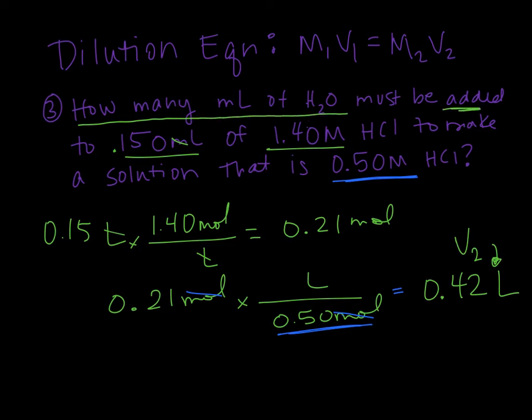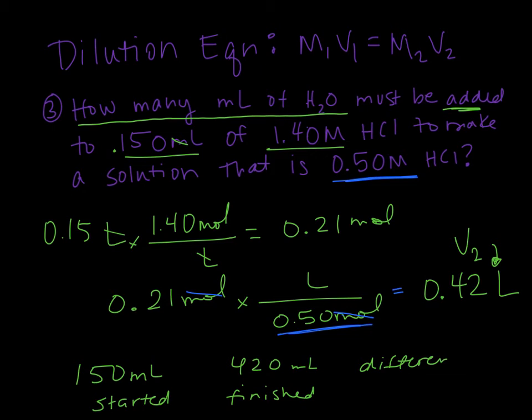So I started out with 0.15 liters, or let's rewrite that, as 150 milliliters is where I started. And I finished, my volume is 420 milliliters. So 420 milliliters minus 150, the difference between those is 270 milliliters.